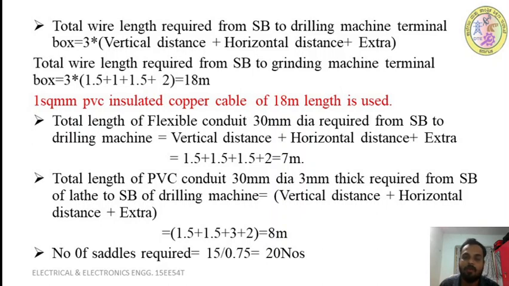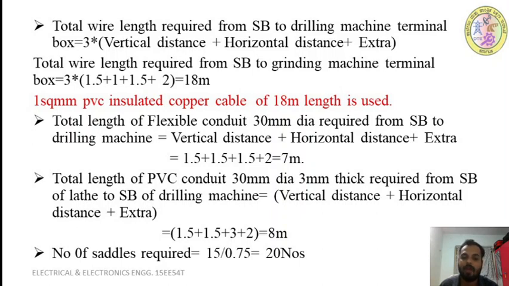That is 3 into 1.5 vertical drop plus 1.5 vertical rise plus 1.5 horizontal distance plus 2 meter for extra, which is approximately 18 meter. The same size of cable is used: 1 square mm PVC insulated copper cable of 18 meter length.